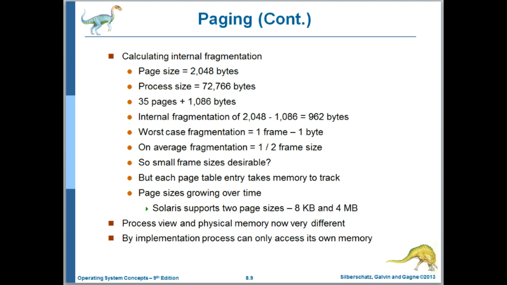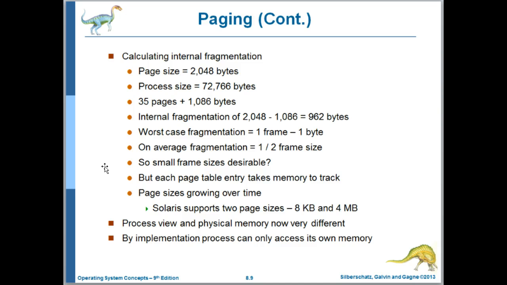Here we see 2 of the considerations necessary for deciding what page size should be. So if we want to reduce fragmentation, we want a small frame size, but a small frame size implies a small page size, which means that the page table will be larger.